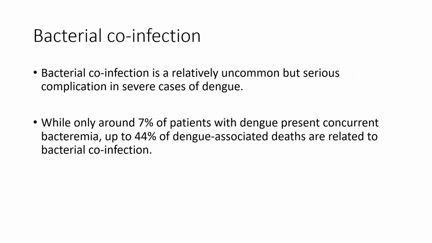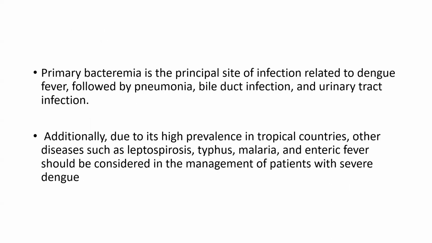Bacterial co-infection is a relatively uncommon but serious complication. While around 7% of patients with dengue present concurrent bacteremia, up to 44% of dengue-associated deaths are related to the bacterial co-infection. Primary bacteremia is the principal site of infection related to dengue fever, followed by pneumonia, bile duct infection, and urinary tract infection.